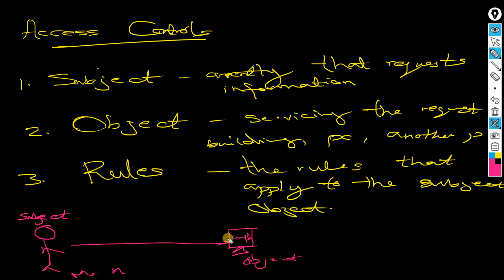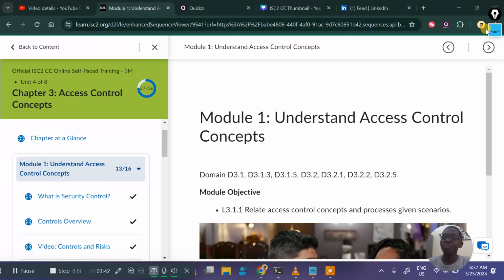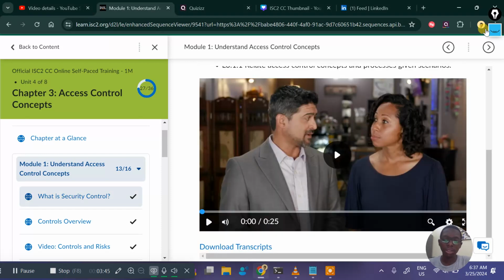If the PC was making the request instead, that PC becomes the subject and A becomes the object. But then the rules for communicating, or the rules for giving off that information, is where we begin to draw the lines. So rules will always apply between both of them, and the rules will dictate how the subject would access the object's information. I hope that has made some things clear.